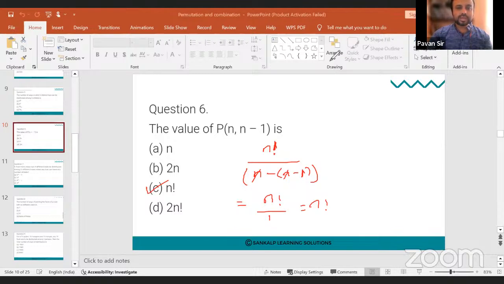Using nPr equals n factorial divided by (n minus r) factorial, with r as n minus 1, n cancels, remaining with 1, so n factorial itself is the answer.